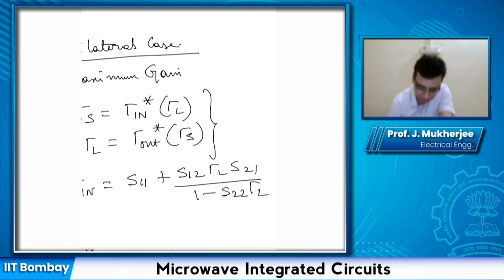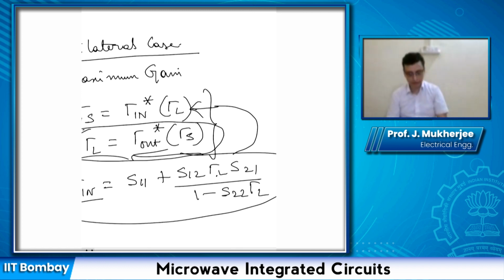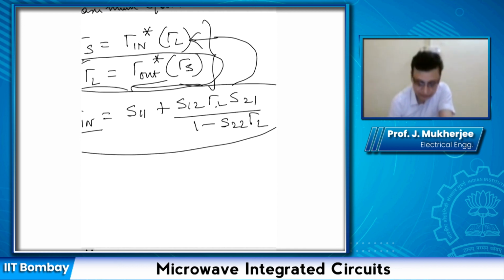Similarly, we can write the formula for gamma out. So you see, gamma in is a function of gamma L. If we plug this whole equation into the first one, we get one relation between gamma S and gamma L, and from the other equation, we'll get a second linear equation relating gamma L to gamma S. If we solve both the equations, what we will get is the optimum value of gamma S and gamma L, for which these two equations are satisfied.